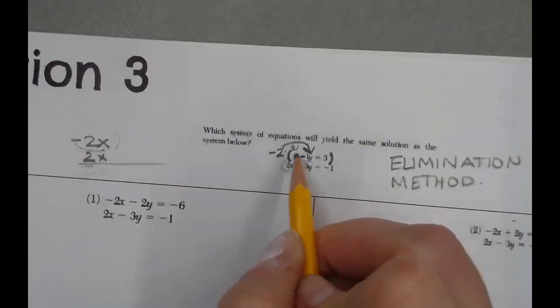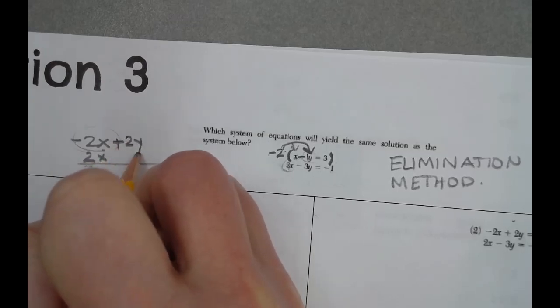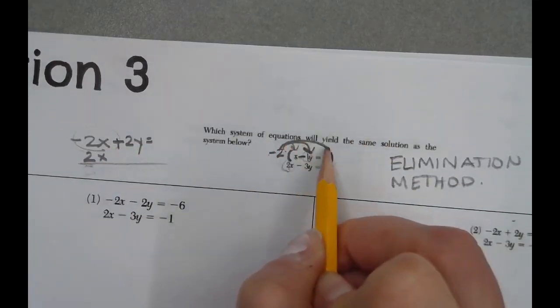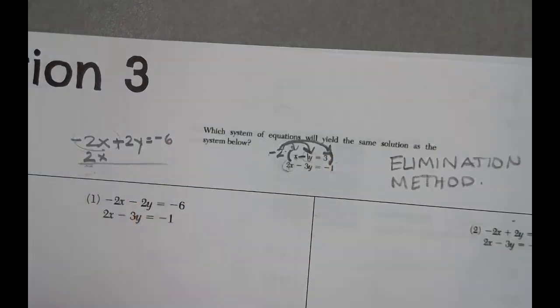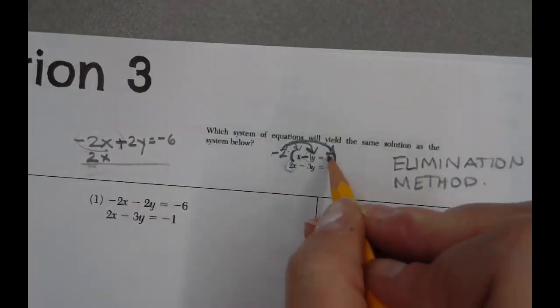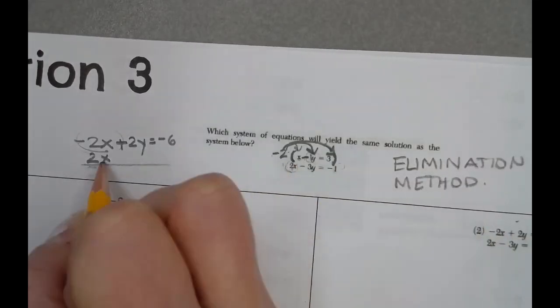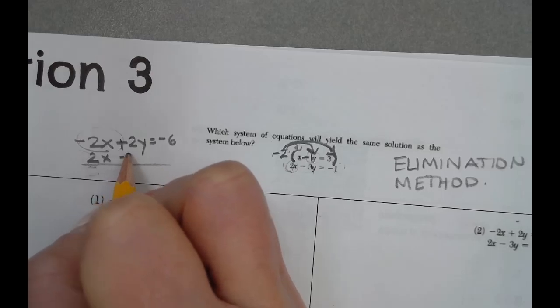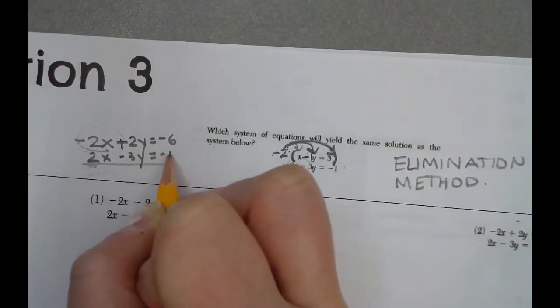A negative times a negative becomes positive 2y, and that's equal to negative 2 times 3. Negative 2 times 3 is a negative 6. Don't forget to multiply by that third term. It's easy to forget. And then we're just going to rewrite the bottom equation: negative 3y equals negative 1.